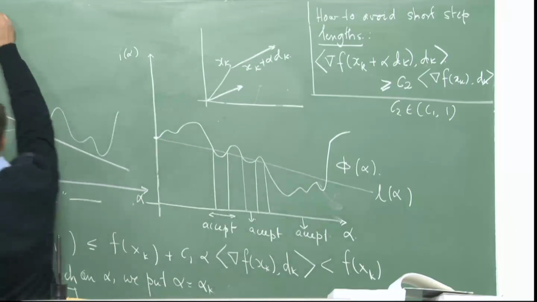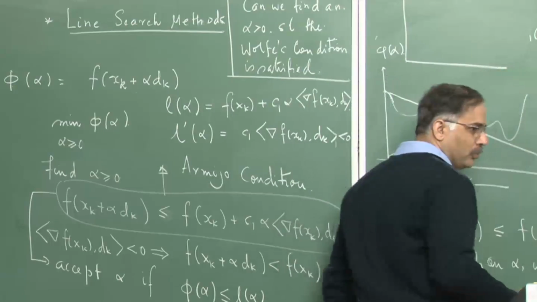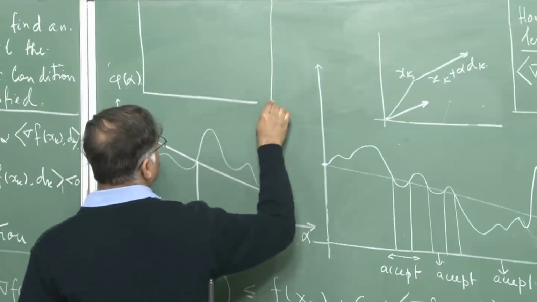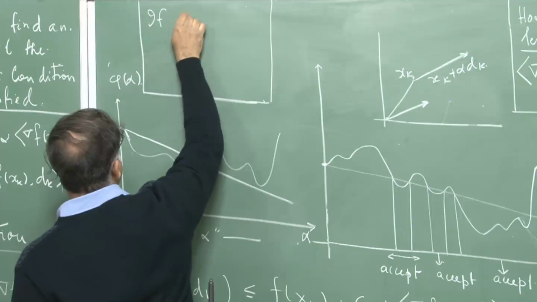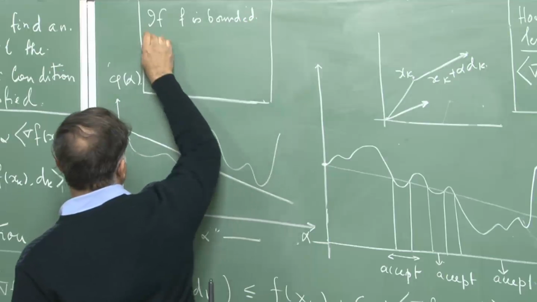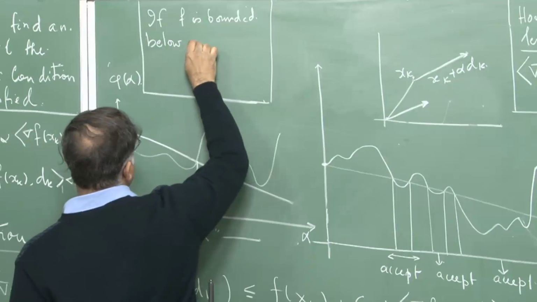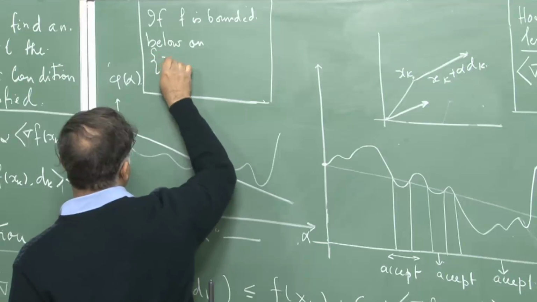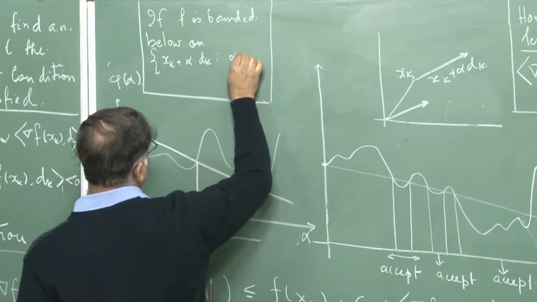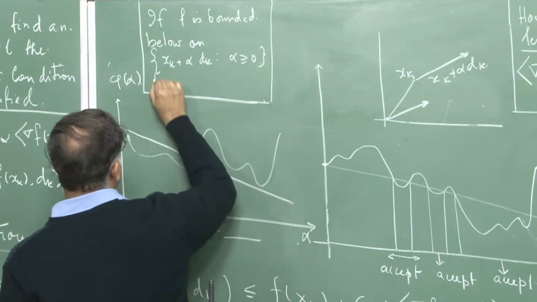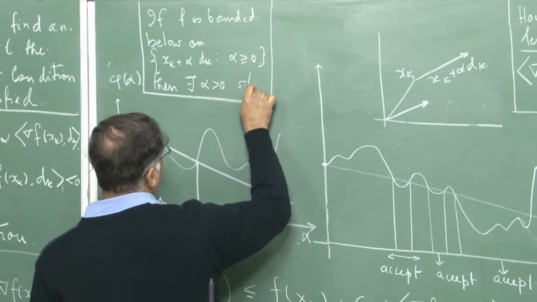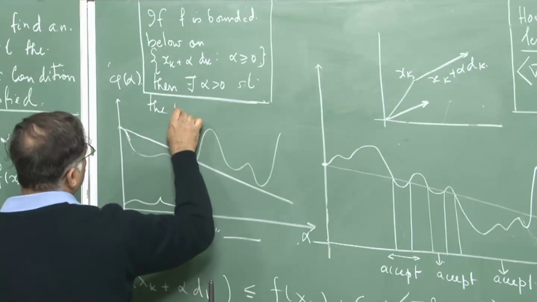This is what we are going to prove tomorrow. If f is bounded below, that is, it has an infimum along the direction dk, then there exists alpha greater than 0 such that the Wolfe condition holds.